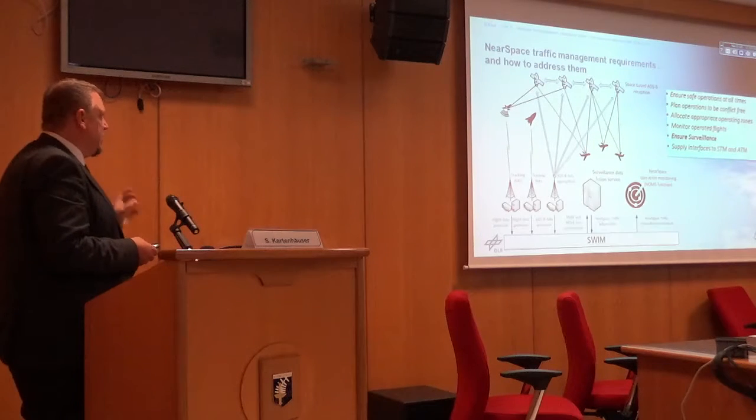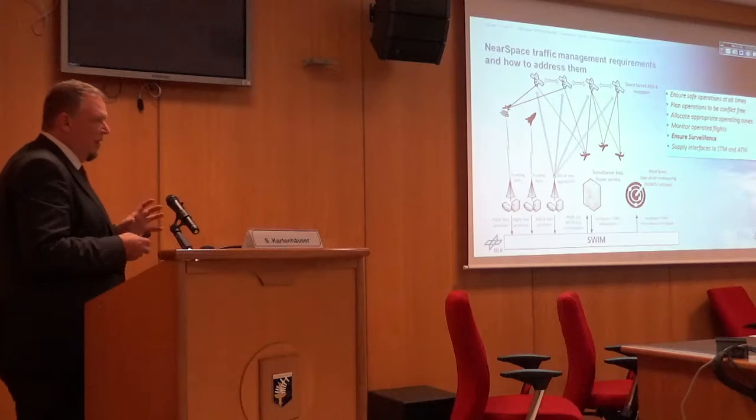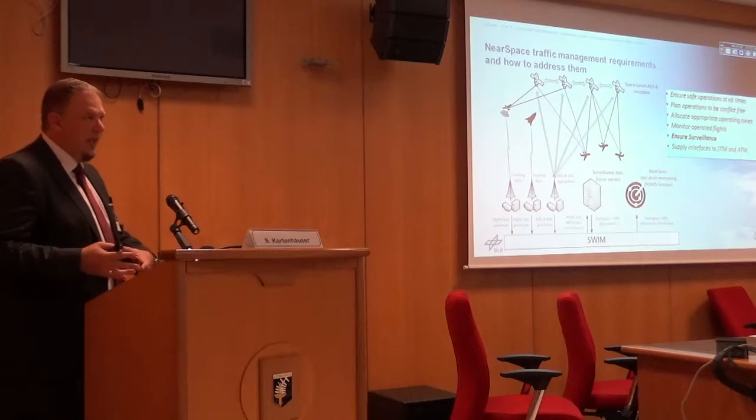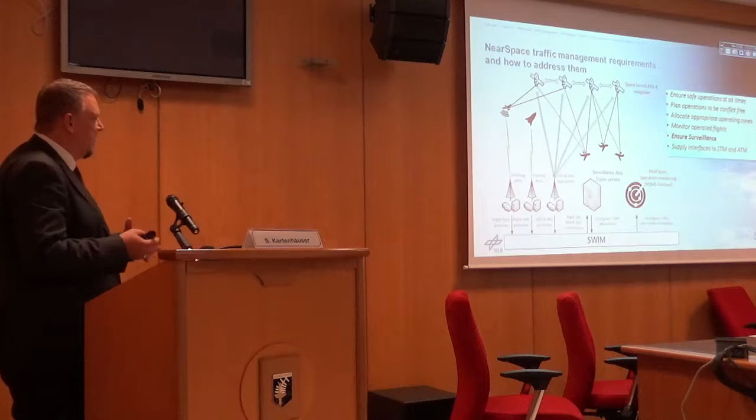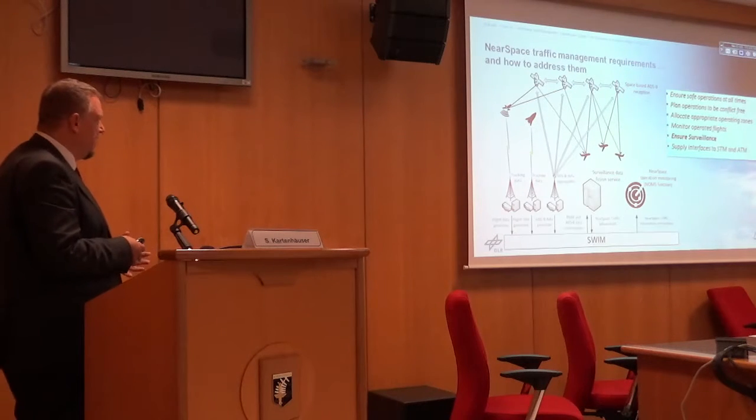To make sure that we have surveillance and to know where the aircraft and the vehicles are, as we mentioned, we can use several sources of data, and the multi-source surveillance approach here, I think, is essential.